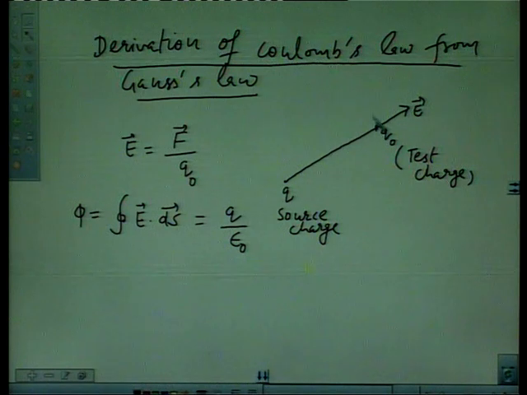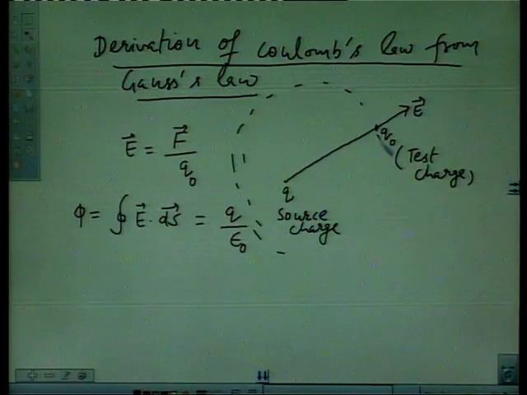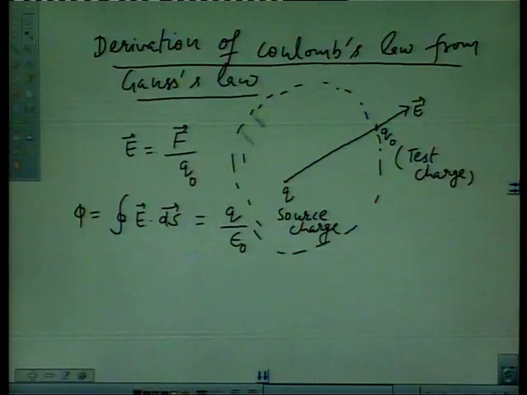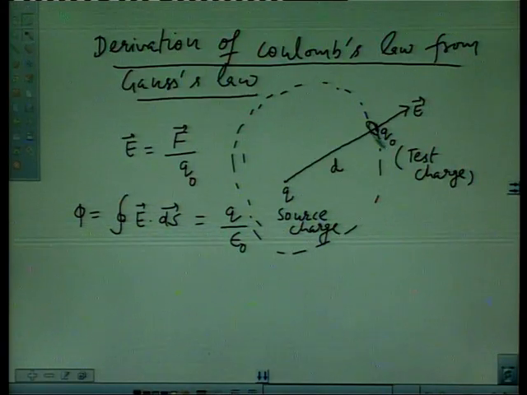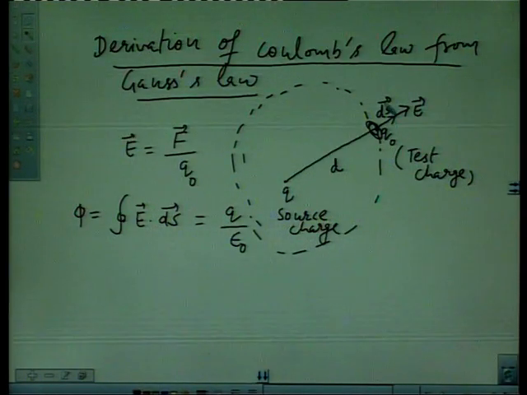Let us draw a Gaussian surface which is including the charge q naught, and the distance between the two charges is d. So, let us take a small segment at q naught. This surface segment is ds vector. Its direction is the same as that of the E vector.